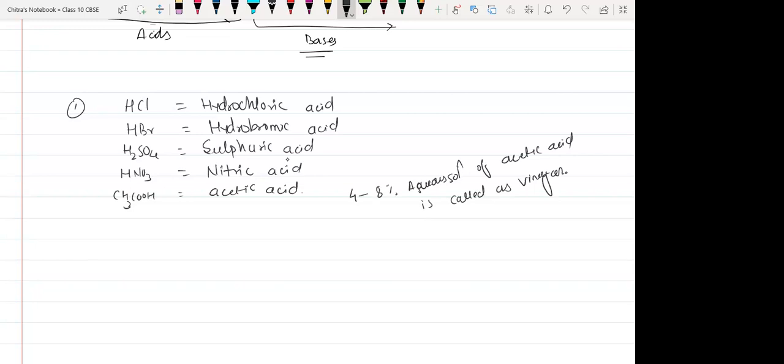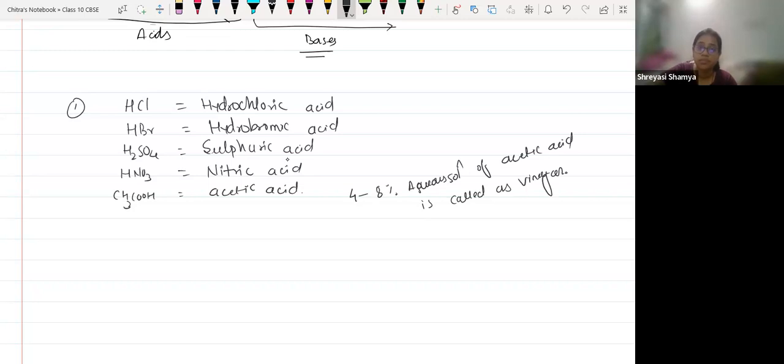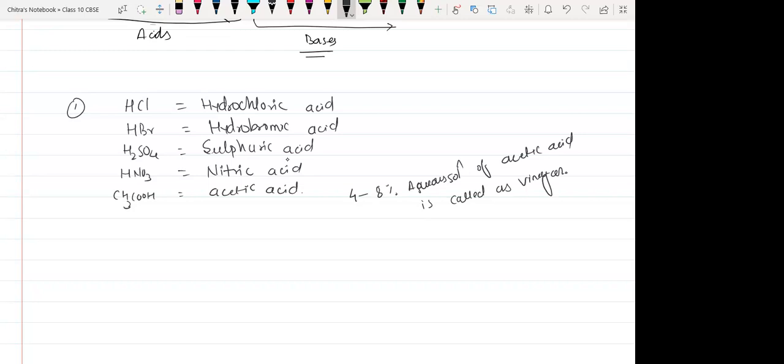Okay, so these are the important acids that we are going to discuss. We have one more, phosphoric acid, H3PO4. Is it in your syllabus or not?